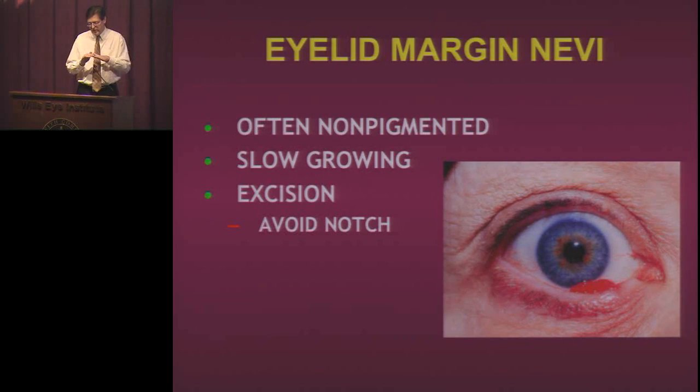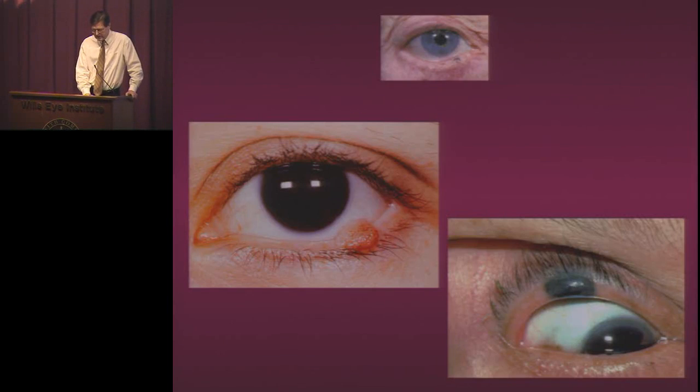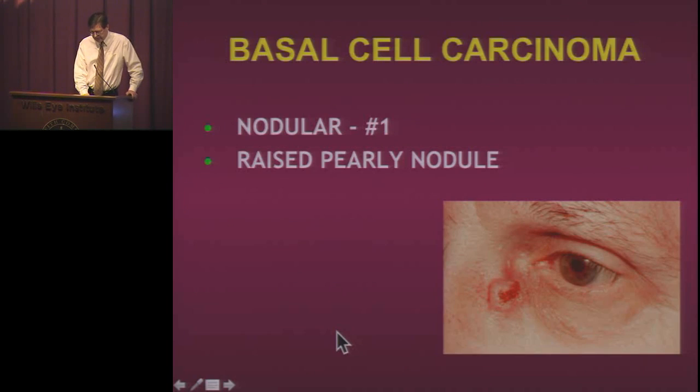We're going to try to remove it just to the area of the lid margin, find out pathologically what it is. If it's benign, you'll come back in a few years and we'll do it again, because we don't want to deform the lid, cause a notch or trichiasis, which definitely can happen with these. And these are just a few different nevi, some pigmented, some flat, some elevated. These are all biopsy-proven nevi of the lid.